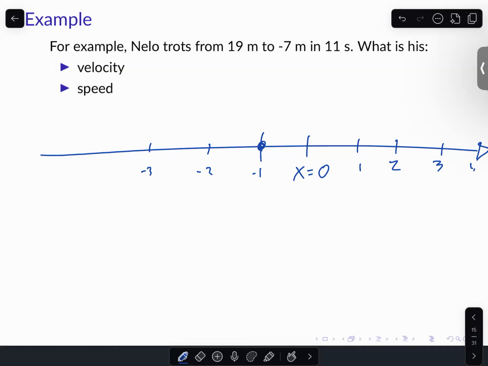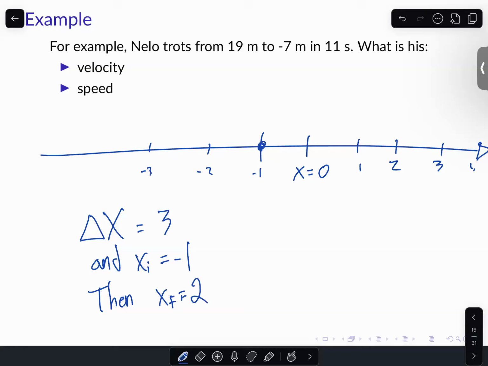If I start at -1 and count 3 spaces over, where do I end up? 2, not 3. My final position, if I start at -1 and add 3, -1 plus 3 is 2. So if delta x equals 3 and x initial equals -1, then x final equals 2, right there.